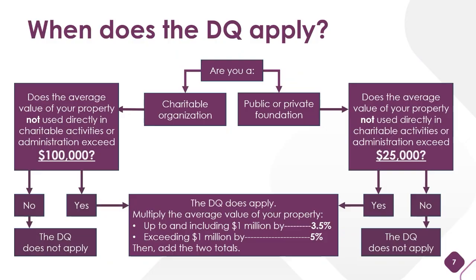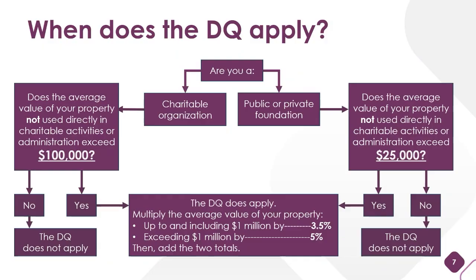And in order to calculate your DQ, you need to multiply the average value by these graduated rates: 3.5% for amounts up to and including $1 million, and 5% for amounts above $1 million. You would follow the same train of thought for public or private foundations, except the average value of property threshold is $25,000.